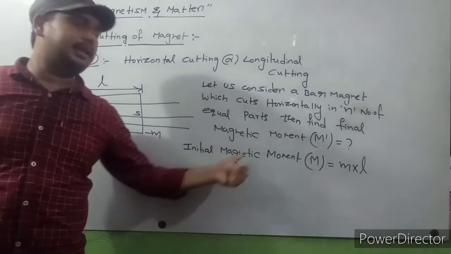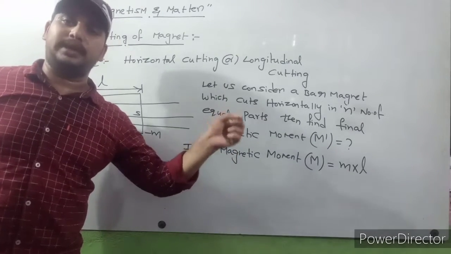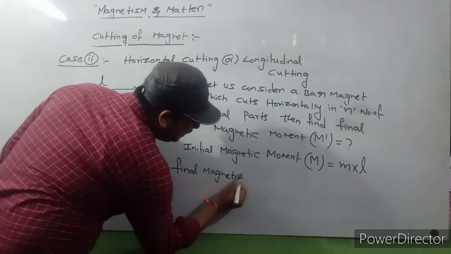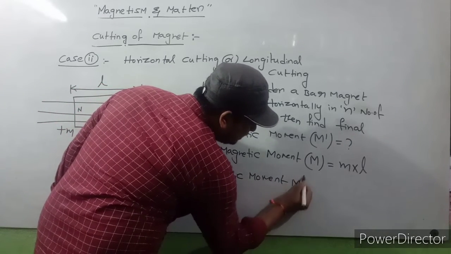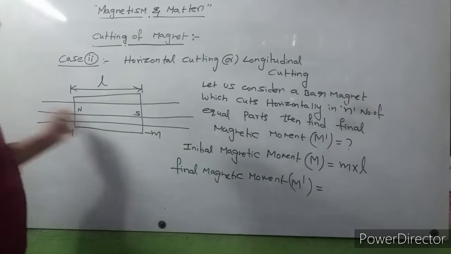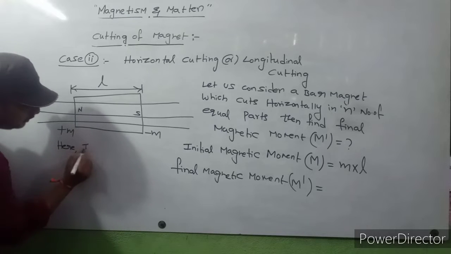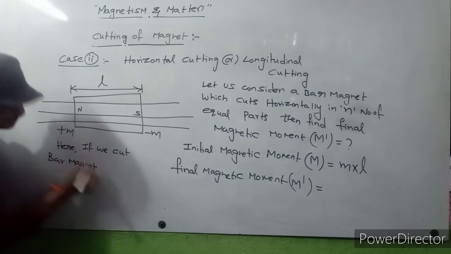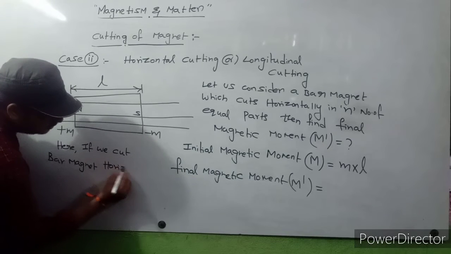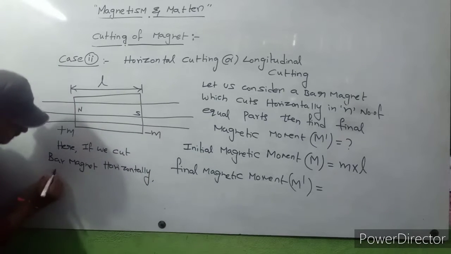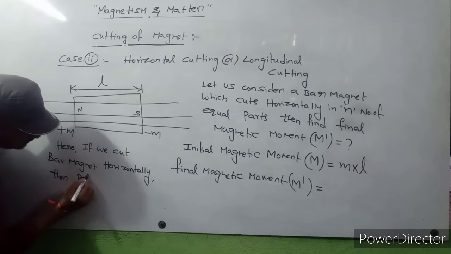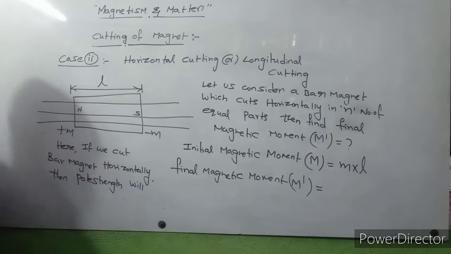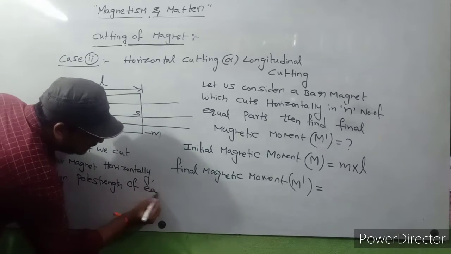That means initial magnetic moment capital M is equal to small m into L. Then the final magnetic moment M dash is equal to, here if we cut the bar magnet horizontally, then the pole strength will divide, the pole strength of each part.